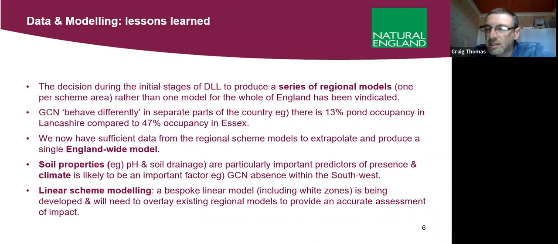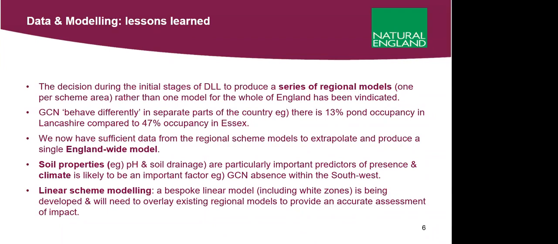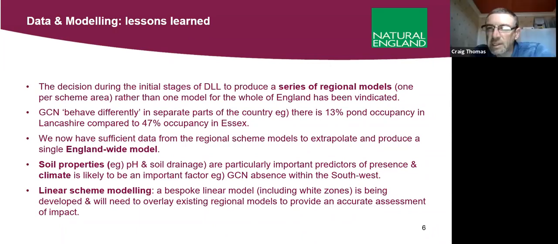So in Lancashire, for example, 13% of ponds are occupied on average, 47% occupancy in Essex. So suitable ponds in suitable habitat have completely different occupancy levels and rates in different areas of the country. That's not particularly surprising when you think about it.